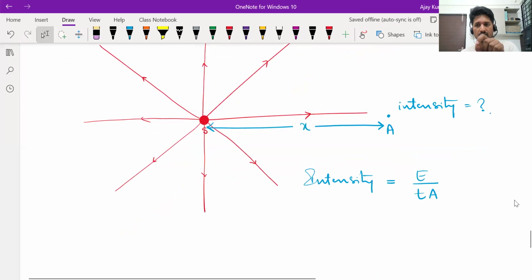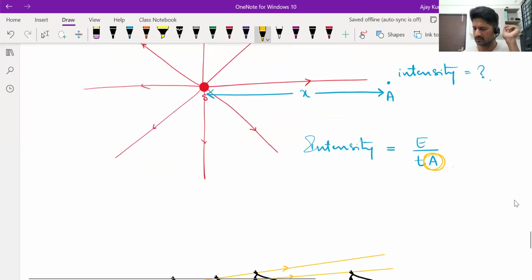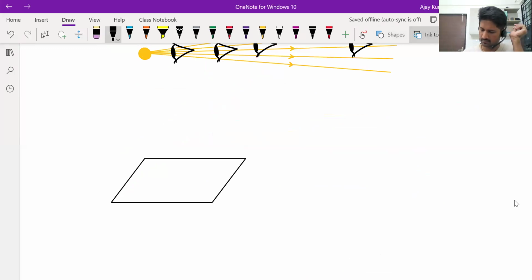The question is asking you to calculate intensity at a point, but by definition, intensity is defined for an area. Then what do they mean by intensity at a point? Let us discuss that. Suppose there's a surface. Assume radiation is falling on it, light is falling, or sound is passing through it, or heat is being incident on it, whatever it is.